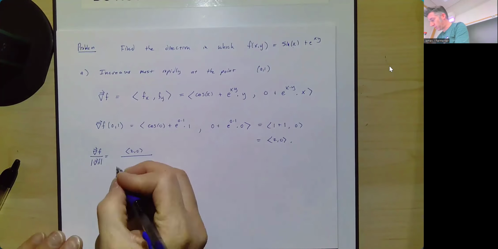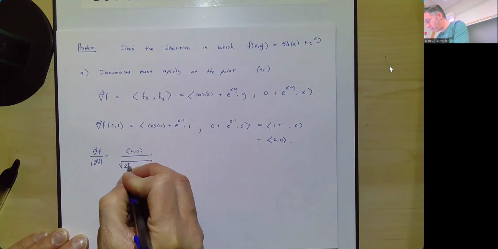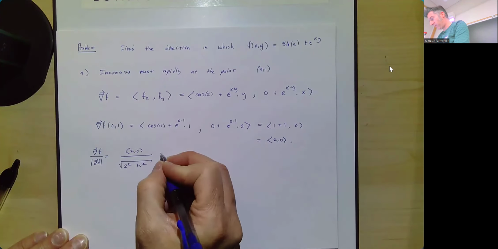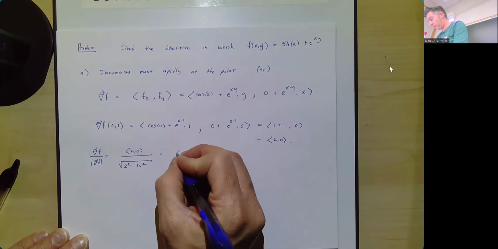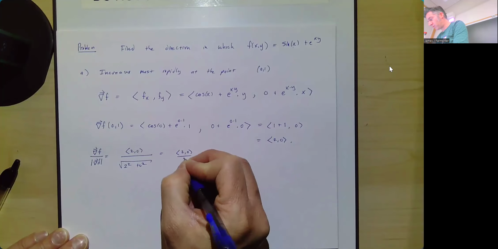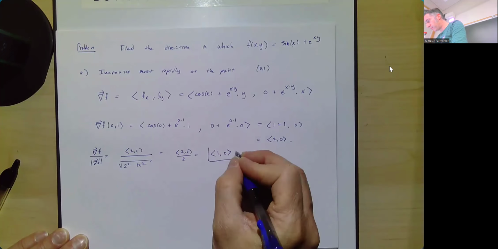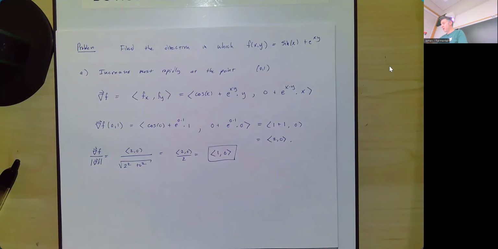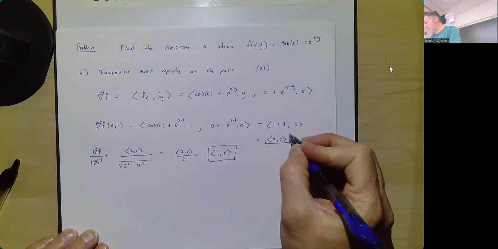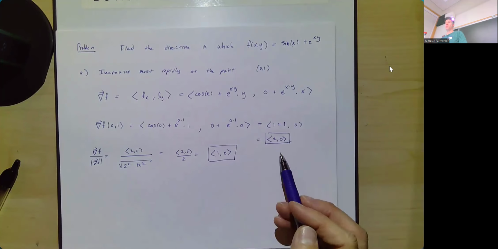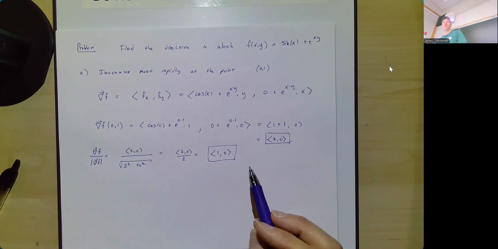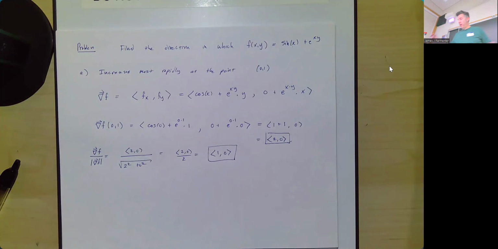I would still show the work, right? Still the square root of 2 squared plus 0 squared, but the square root of 4 plus 0 is just 2. So you have 2, 0 divided by 2, which is just 2 divided by 2, 0 divided by 2. I would say most people will probably be cool with either answer because they both point in the same direction, right?